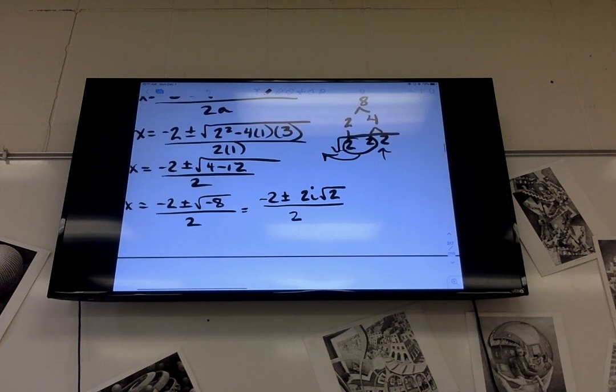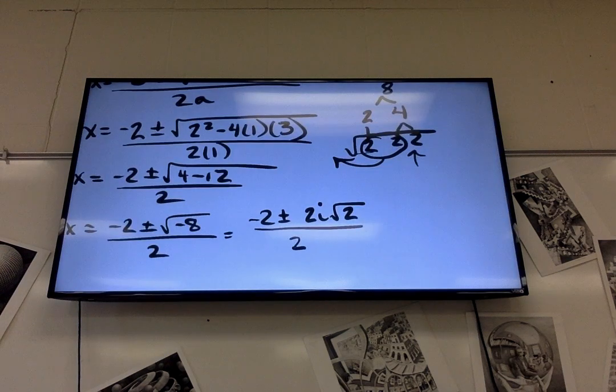Okay, so the other question I was going to ask you was, maybe because that was negative, can I cancel those two then? No. But what I can do is factor out on top a 2, leaving us with -1 plus or minus I. Now you cannot factor anything out of the square root unless it's a pair, like that pair of 2's, it came out as a positive 2.